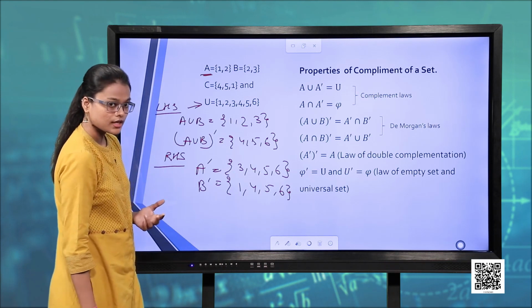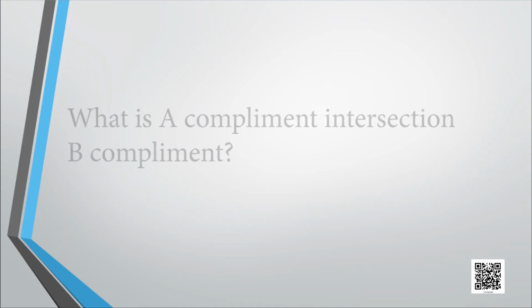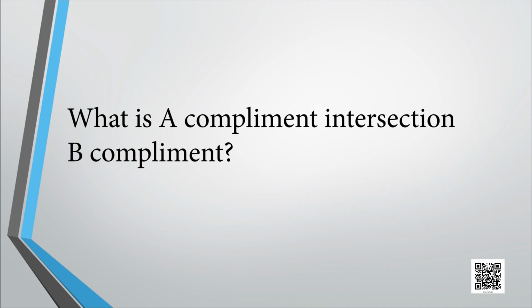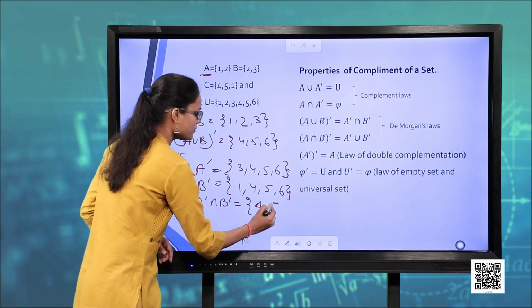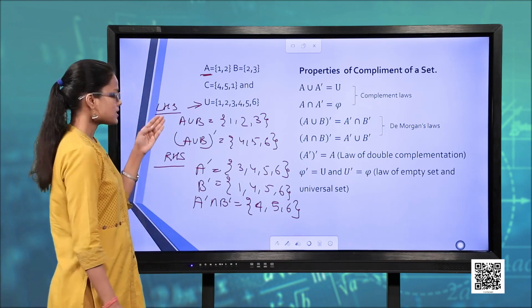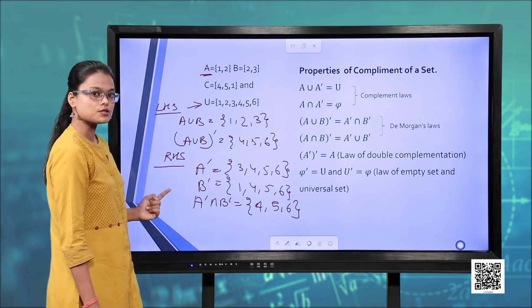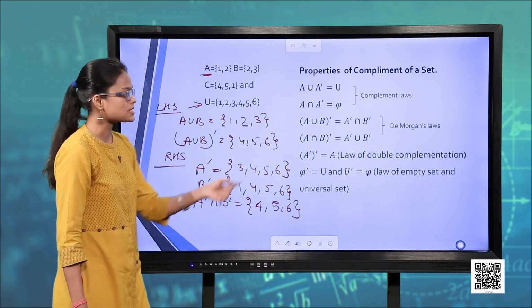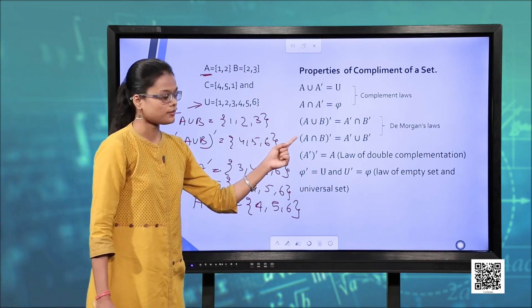Now, what do we have to take? The intersection between the two. It is 4, 5 and 6. Now, you may see that we have verified LHS is equal to RHS. Similarly, you can see for the other as well.